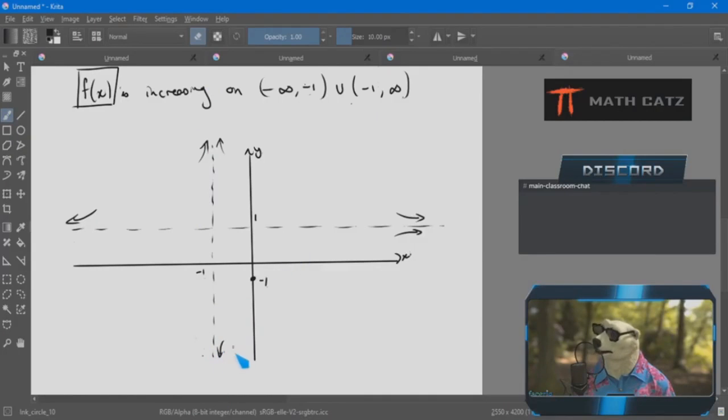Then I need to go uphill towards the y-intercept. I can't have this top arrow anymore. It has to come from the bottom through -1. I can't be doing this because then I would have a downhill section, and that never happens. So I have to come at the horizontal asymptote on the right from below.